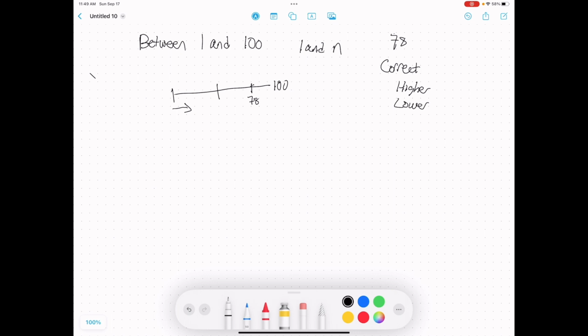So if 50 is right here, and you guess a number, but I tell you that you're either too low or too high, we could then spend the next guess breaking the original size of the problem in half. And so now, instead of having 99 numbers to guess next, it's going to be up to 50.